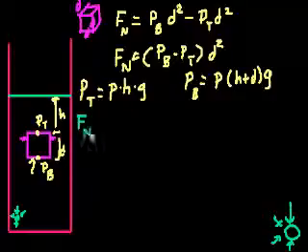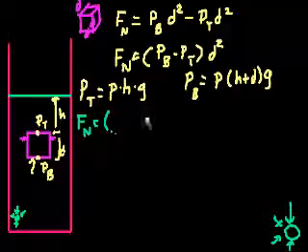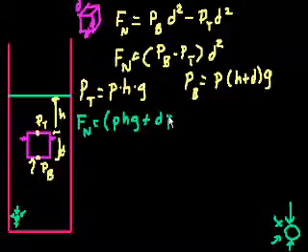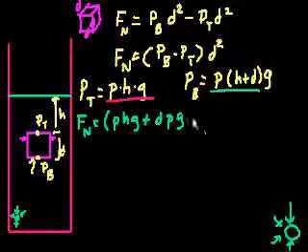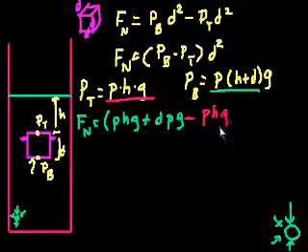So I get the net force is equal to the pressure at the bottom, which is this. And let's just multiply it out. So we get rho times h times g, rho h g, plus d times rho times g, d rho g. I just distributed this out. That's the pressure at the bottom. And then minus the pressure at the top, minus rho h g.